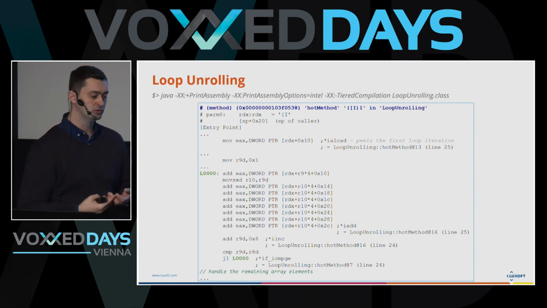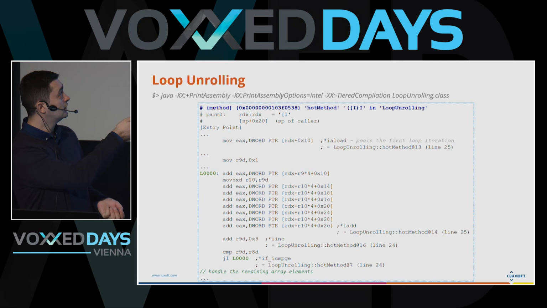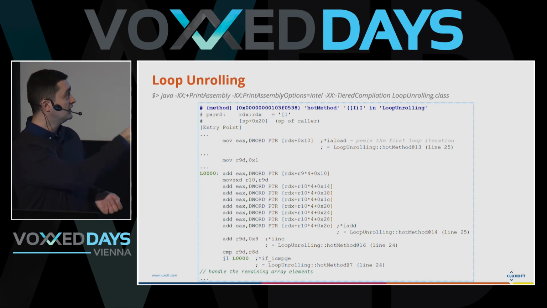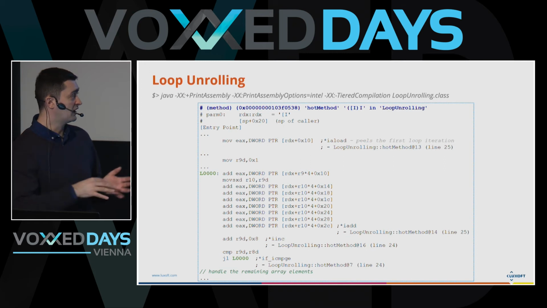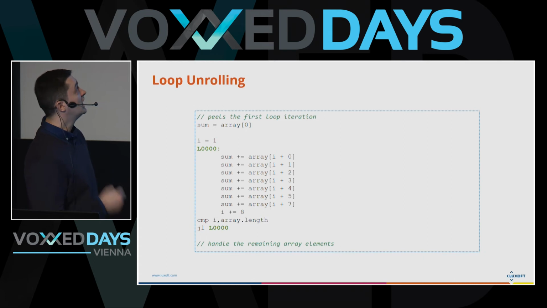For example, it could be useful as well for memory alignment, and putting aside the first loop iteration, it iterates and parallelizes the number of additions. And as well in here at the bottom, if there is some remainder, for example, if my array is not a multiple of 8, it triggers here the remainder.